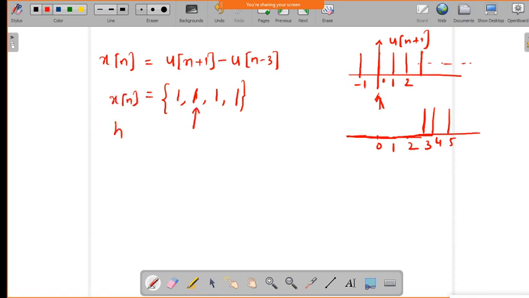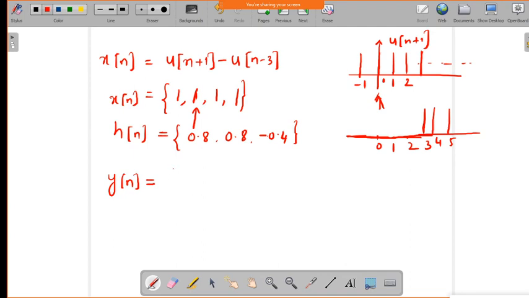Now, h of n we already found, that is equal to 0.8, 0.8, minus 0.4. Now we need to find the convolution of this. When x of n is given as input, the output will be the convolution of this.